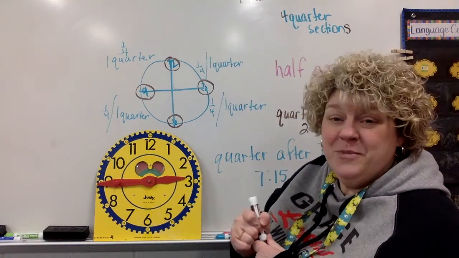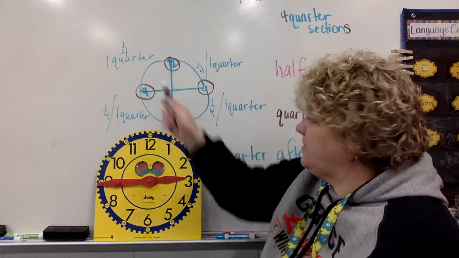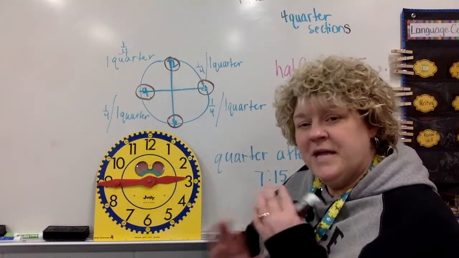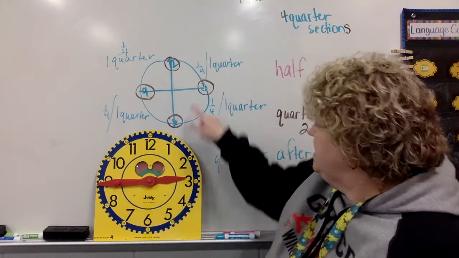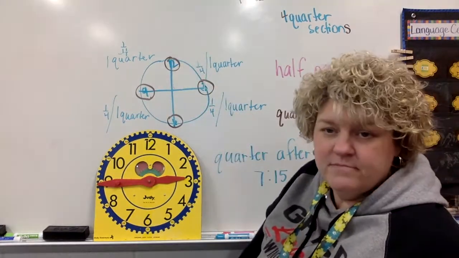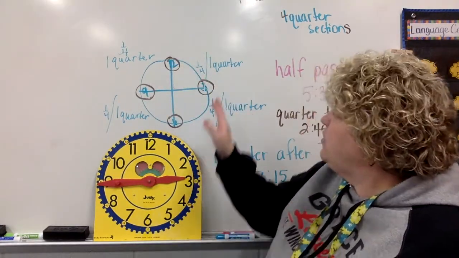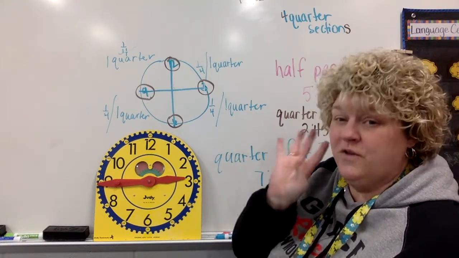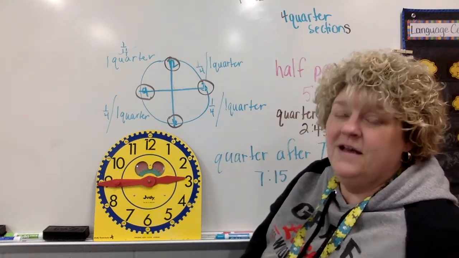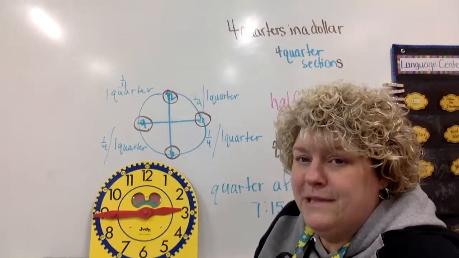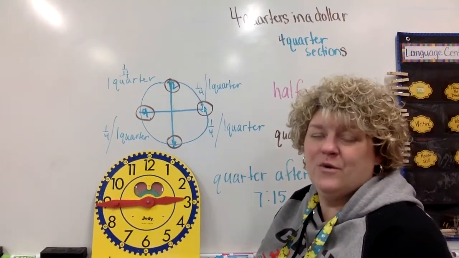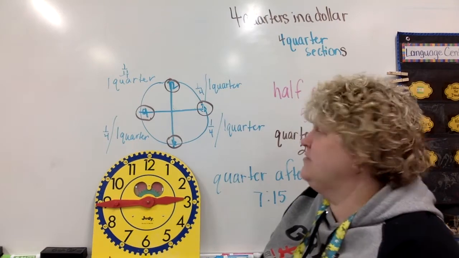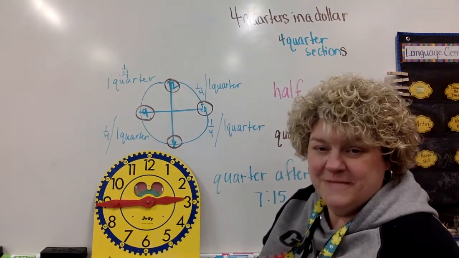So that's why you can only put it in 4 different places. Now remember, when we're counting time by the 5s, then of course you can go to every number, right? Or every place. But when we're doing quarter hours, you only have 4 places to put it, just like there's only 4 quarters in a dollar.